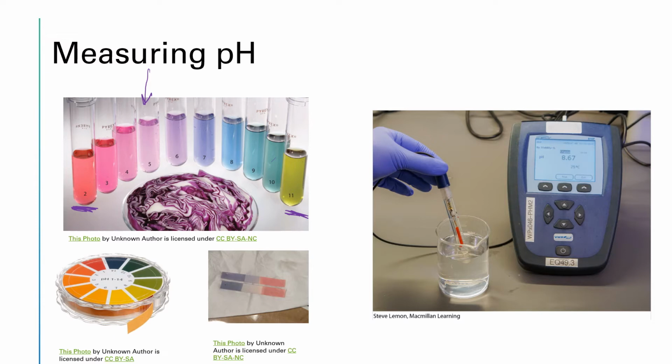You can also get similar chemical compositions that have been impregnated into papers, and this stuff down here is called pH paper. You would take a little strip of your pH paper and put a drop of your test solution onto the paper, and then you would see what color the paper turned, and compare it to the scale that's on the container of the pH paper.